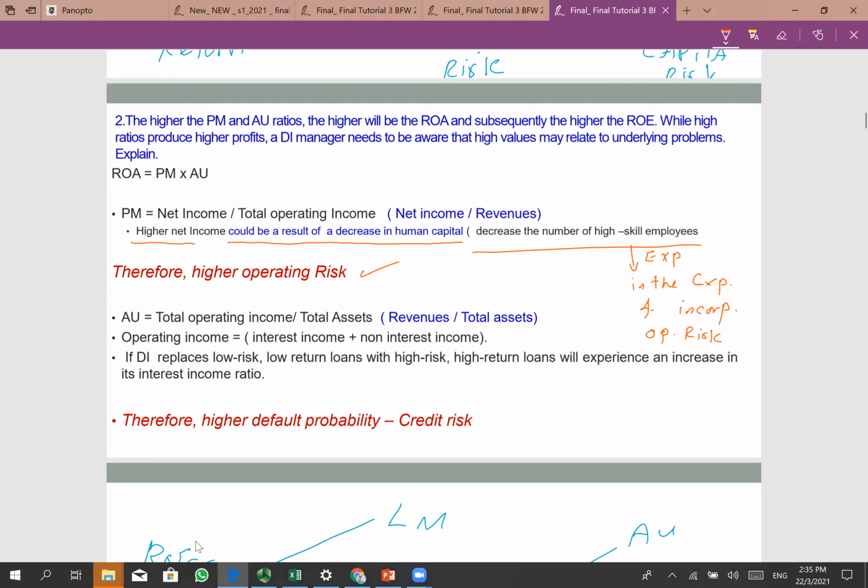Operating income is interest income plus non-interest income. If the DI replaces low risk, low return loans with high risk, high return loans, he will experience an increase in the interest income ratio. Based on that, there will be higher default probability from these high risky loans, and we go to credit risk. So I am done with this question.